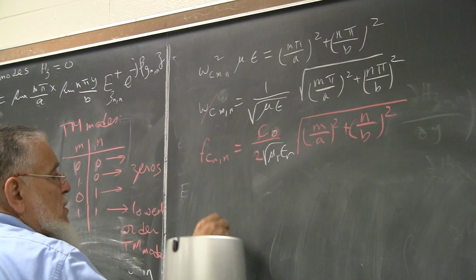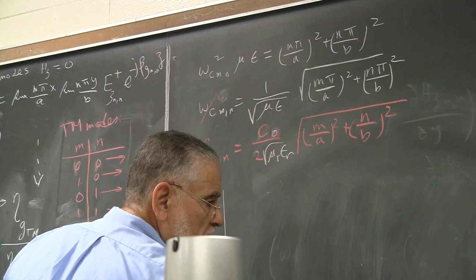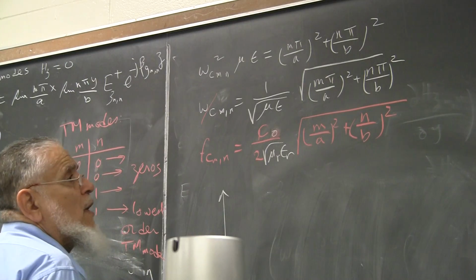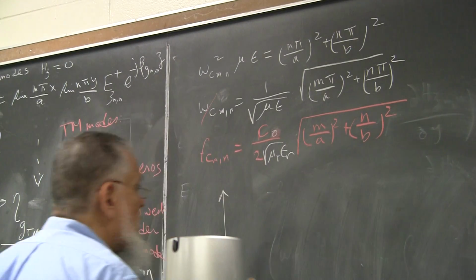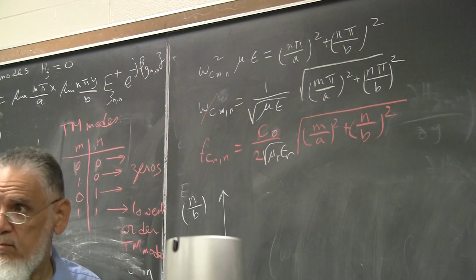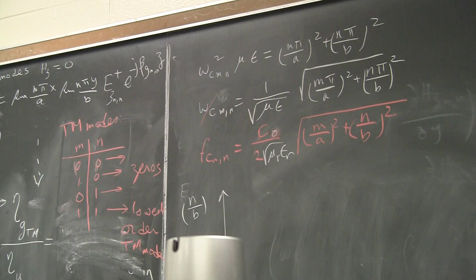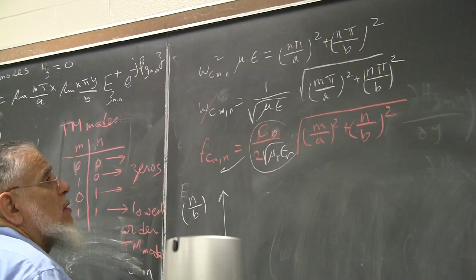So what you do is you draw a coordinate system like this, and you label this as M over a, and label this as N over b. And I'm going to take this in the denominator here.